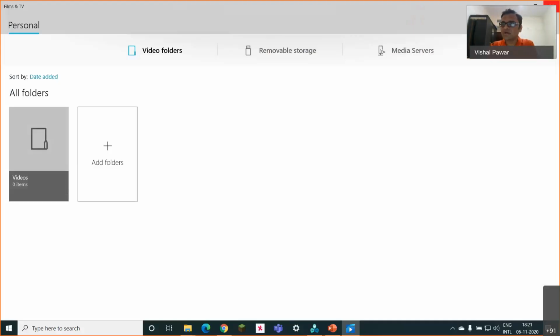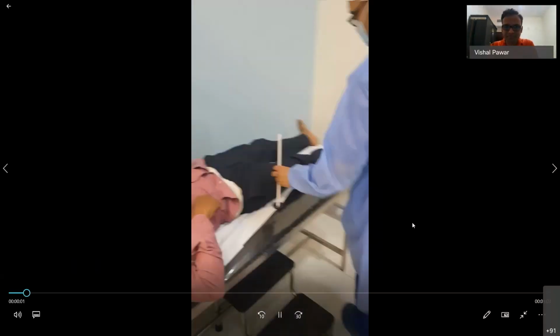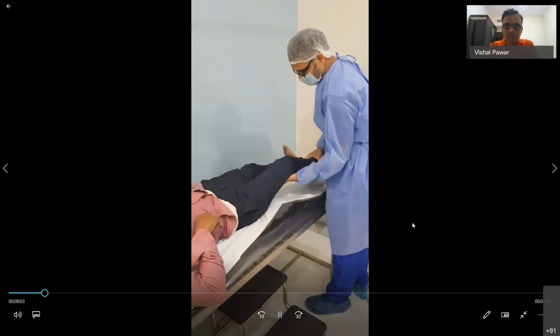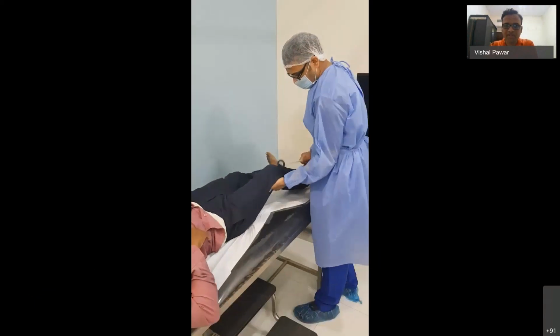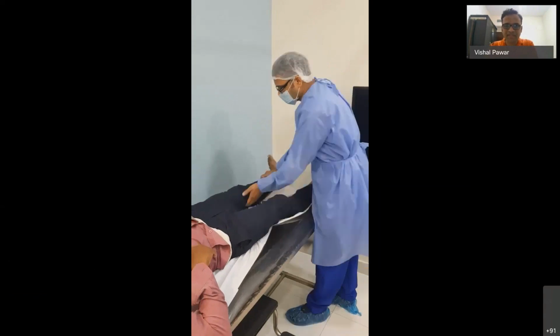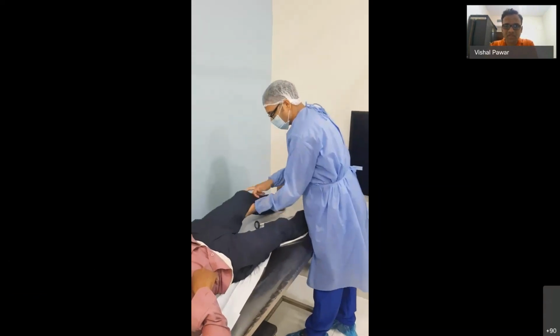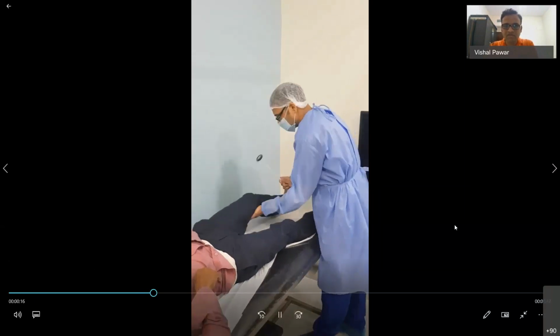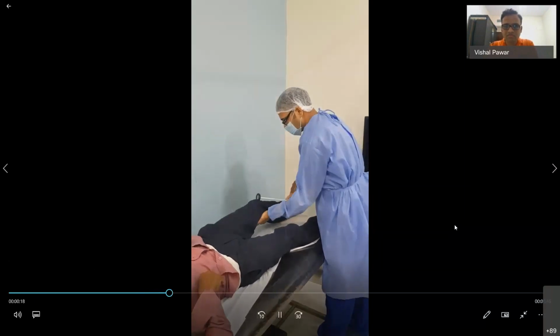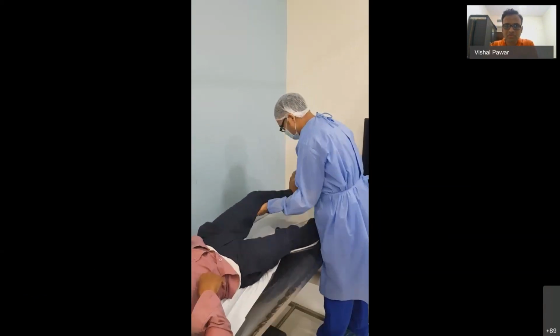Then I checked his reflexes. They were exaggerated, like even with a finger tap, the knee jerk was coming. Then I tried to check for clonus.